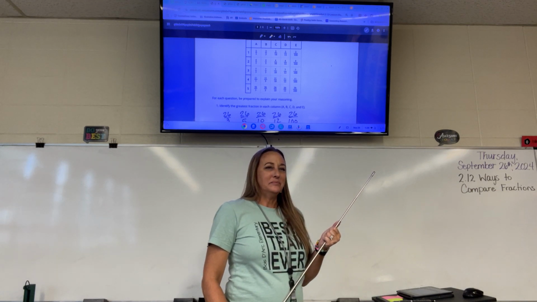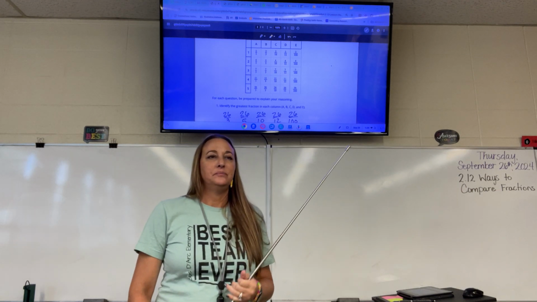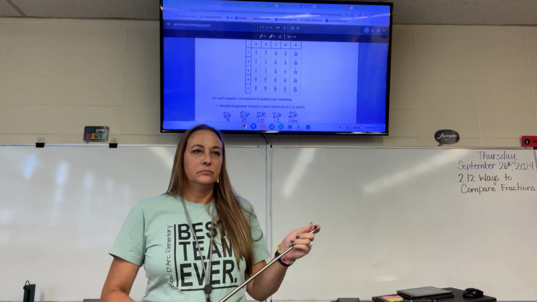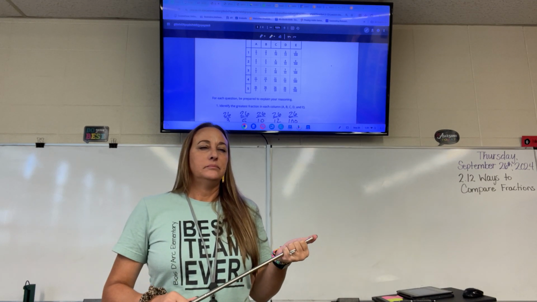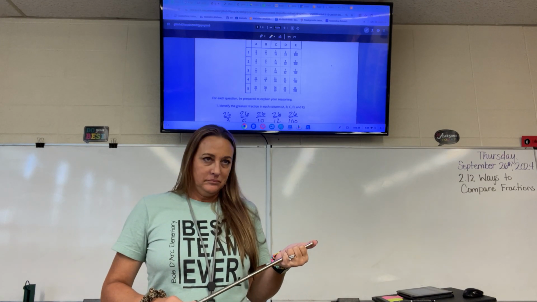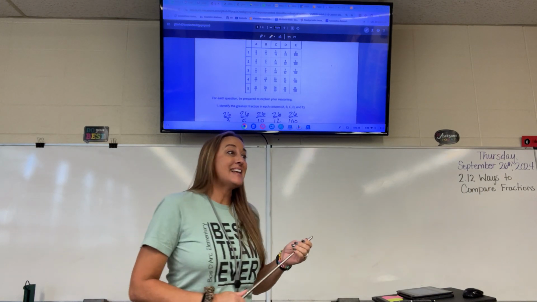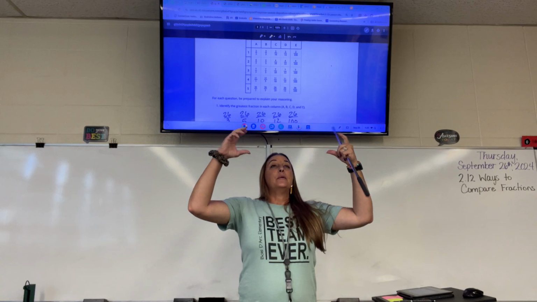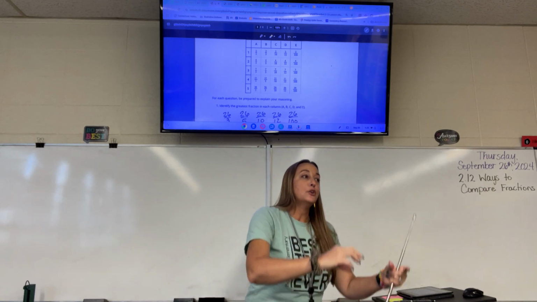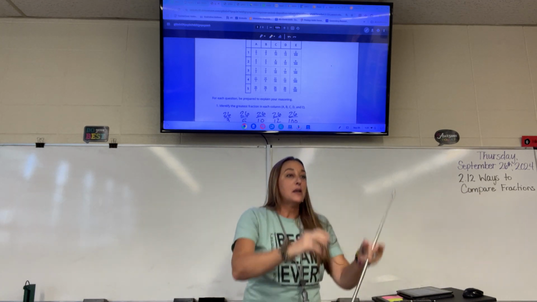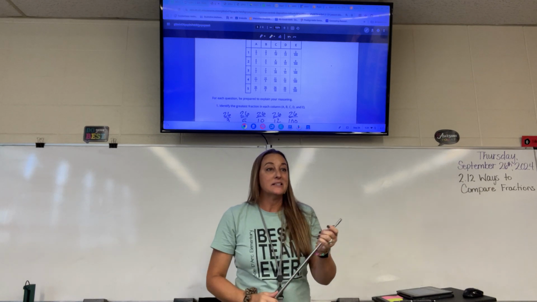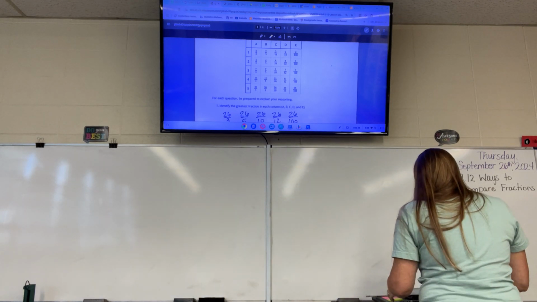You choose the smaller number because the smaller the number, the bigger the pieces. That's the saying. The bigger the number, the smaller the pieces. The smaller the number, the bigger the pieces. Okay. You want the lowest denominator.